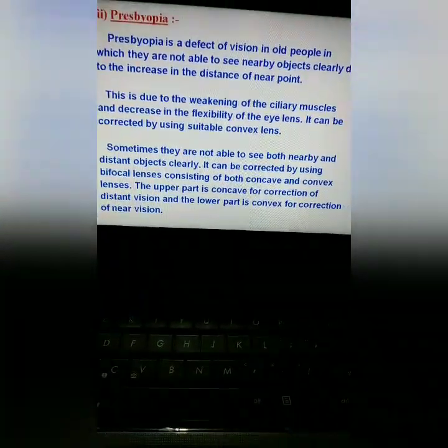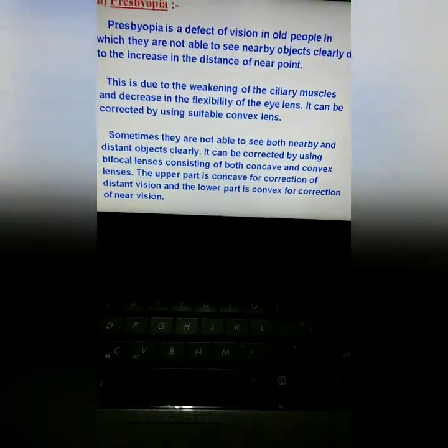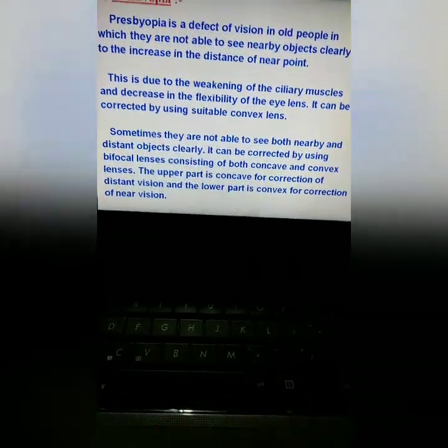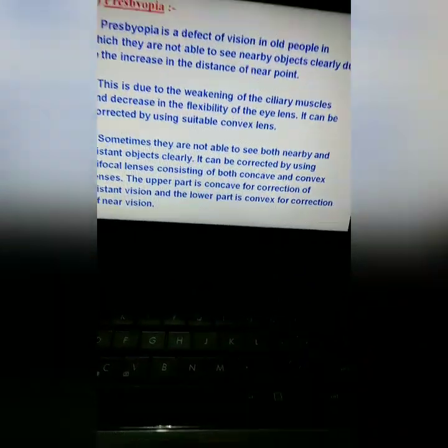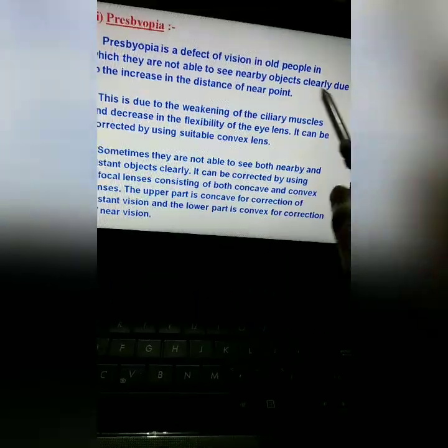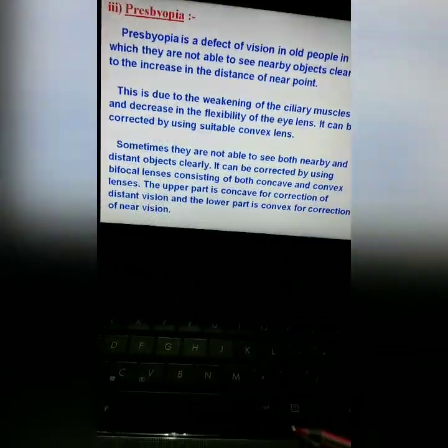Some students have this misunderstanding that in presbyopia the person has both defects: cannot see near objects, cannot see far objects. No. In presbyopia the person only has the defect of seeing nearby objects.